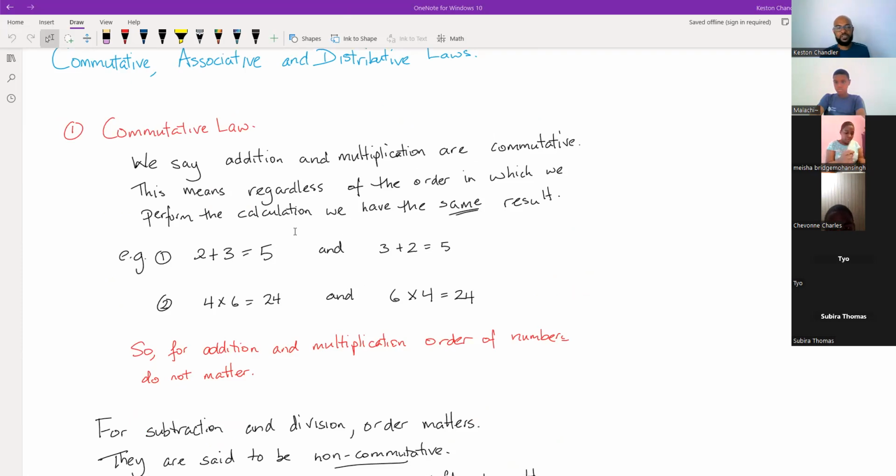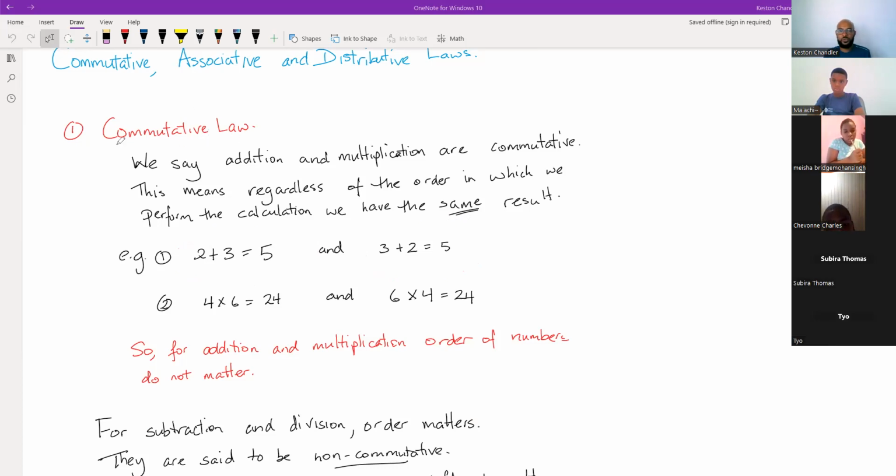Have you ever noticed that when we add numbers together, the order in which we arrange these numbers does not affect the answer? For example, if I have 2 plus 3, if I write this as 3 plus 2, as you'd see here in my examples, I will still get the same result. So that property is what we refer to as commutativity.